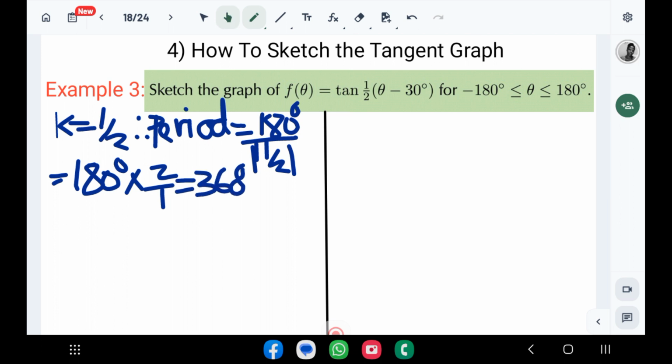So we're going to have half of a graph in a normal period of 180 degrees. Notice that it is also shifted somewhat to the right. So in addition to doubling the period, it has been shifted 30 degrees to the right. So keep that in mind.